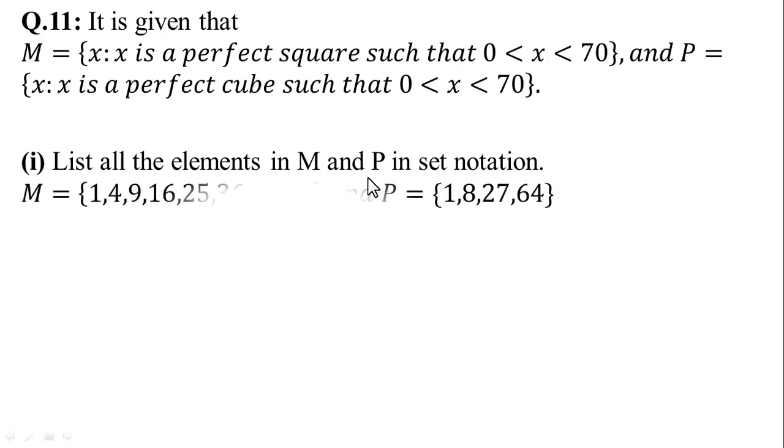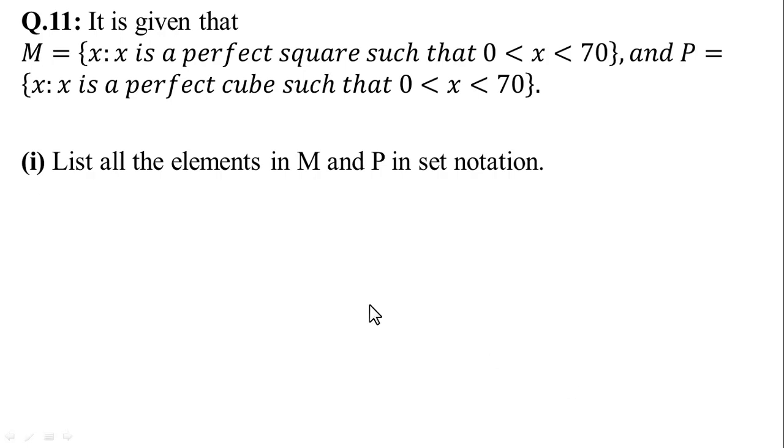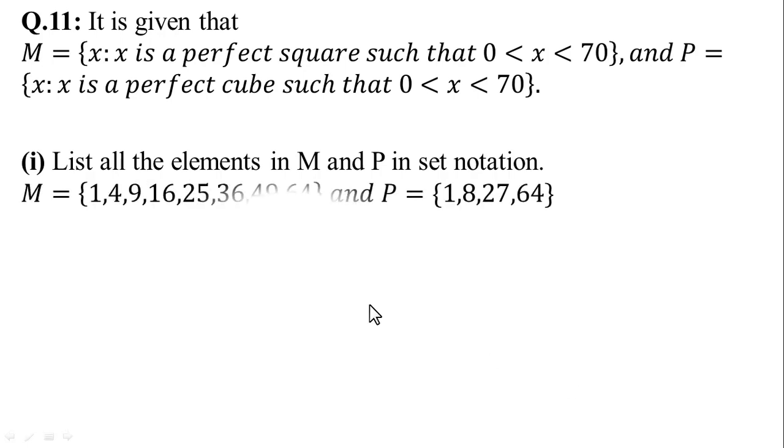Now we write the elements of M and P. M is equal to 1, 4, 9, 16, 25, 36, 49 and 64, and P is equal to 1, 8, 27 and 64.